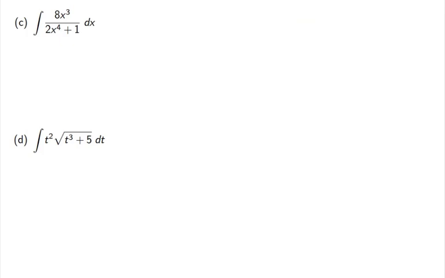Next example. Now this one probably looks a little bit strange, so let me tell you, often a good choice for your u, when it's possible, is to let u be the whole denominator. So let's start off with that. Let's let u equal 2x to the 4th plus 1. When we do that, the derivative is 8x cubed, and don't forget your dx.